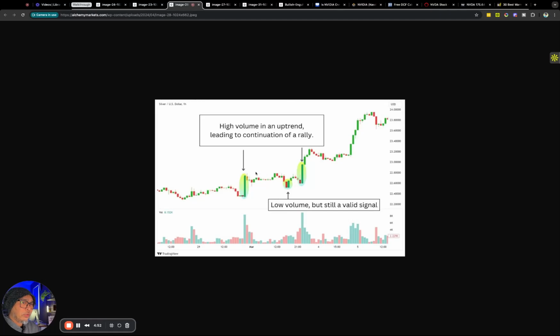So this is just a sample I took from tradingview.com. You see the chart over here, the price bars, and then suddenly you see one bullish engulfing candle here, okay?